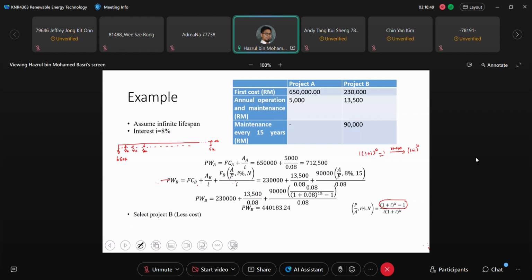Because 1 is comparatively negligible in front of this value. So 1 plus I to the power of n minus 1, if we draw the curve, hold on, this is not a good approach.